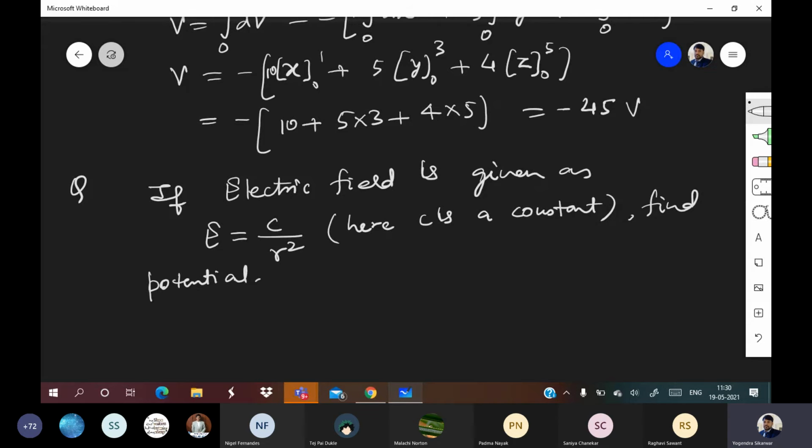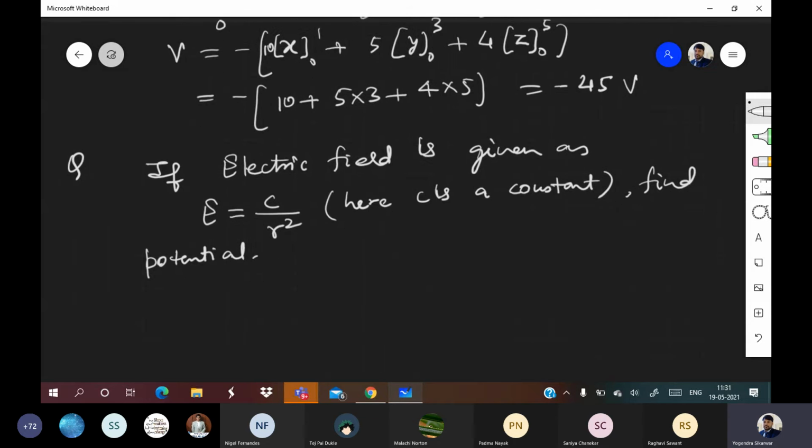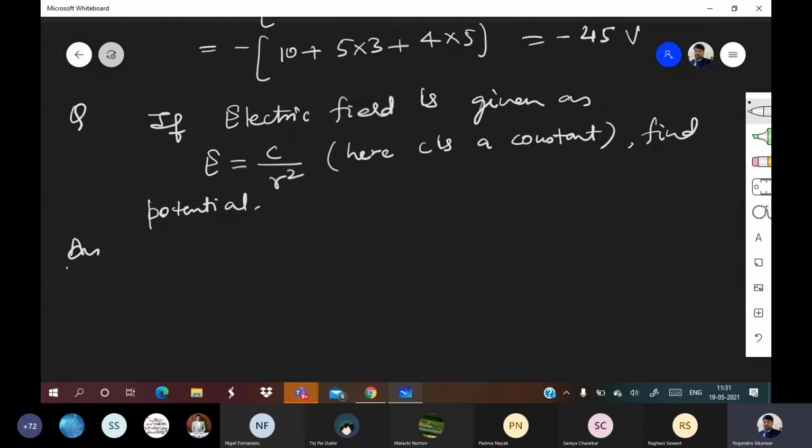Okay, pay attention everyone. So E is equal to C upon R square, right? Now E can be written as minus dV by dr, and that is C upon R square.